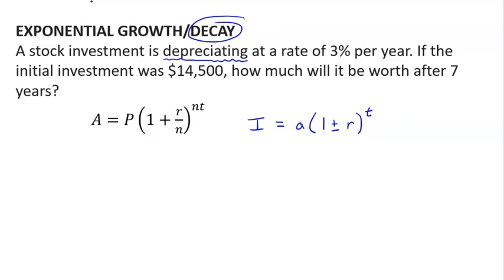You can write plus or minus there to help you out. Just remember that the rate is 3% and it's going down, so negative 3%, so I can put negative 0.03 for the rate. And that's my starting point A, so 14,500 times 1 minus 0.03, and then my time is 7 years.